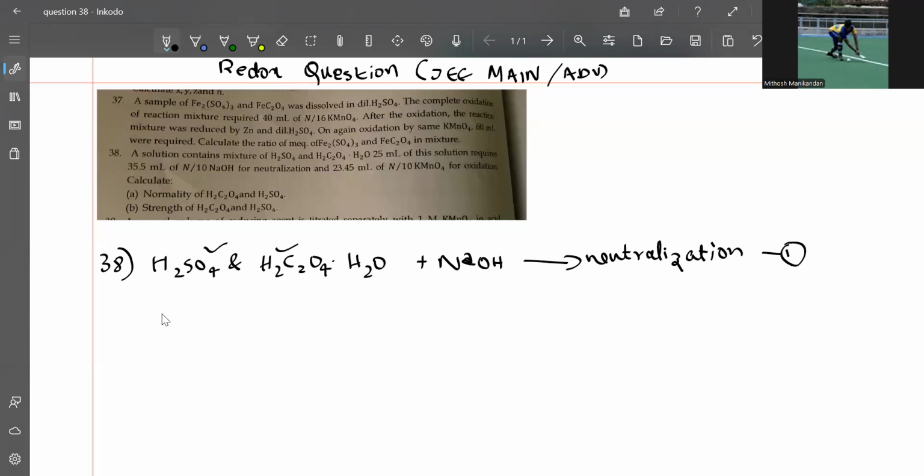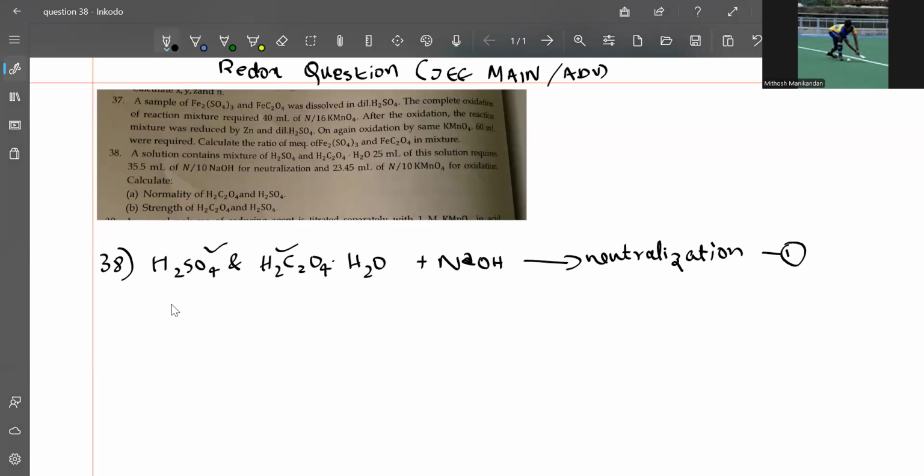Second, you're doing oxidation with KMnO4. So when you're doing oxidation with KMnO4, the only thing that can get oxidized is C2O4 2-, or H2C2O4.